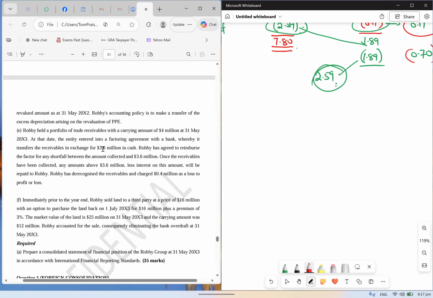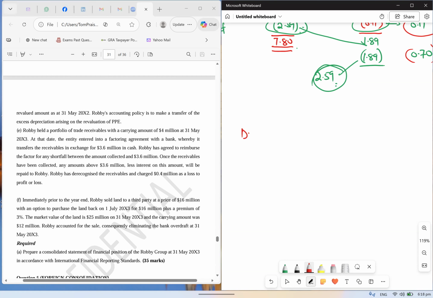The company sold their receivable to them. The bank gave the company 3.6. Now, if they go and they are not able to collect the money, they can come back. And so therefore, that 3.6 you collected, it is a loan. We've been discussing this a lot of times. Since they cancelled that from their receivable, they derecognized it, it means we need to come back and recognize it.